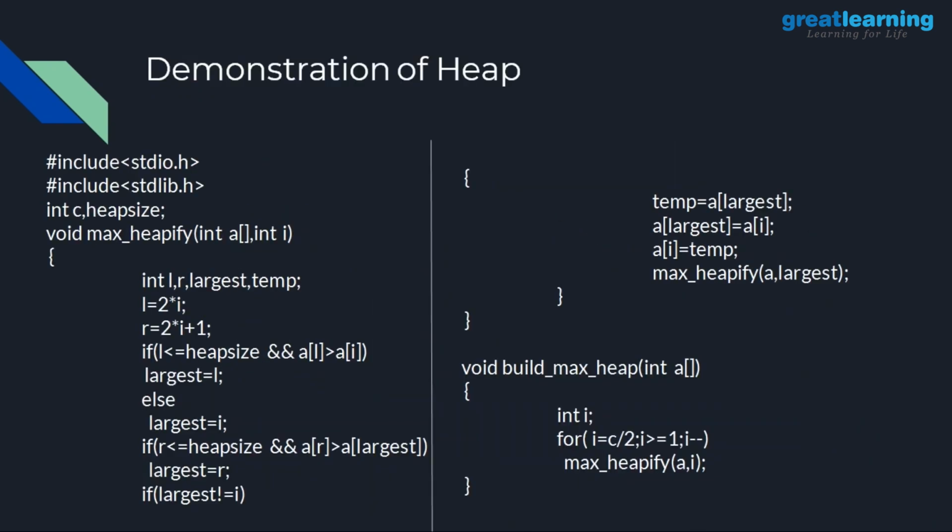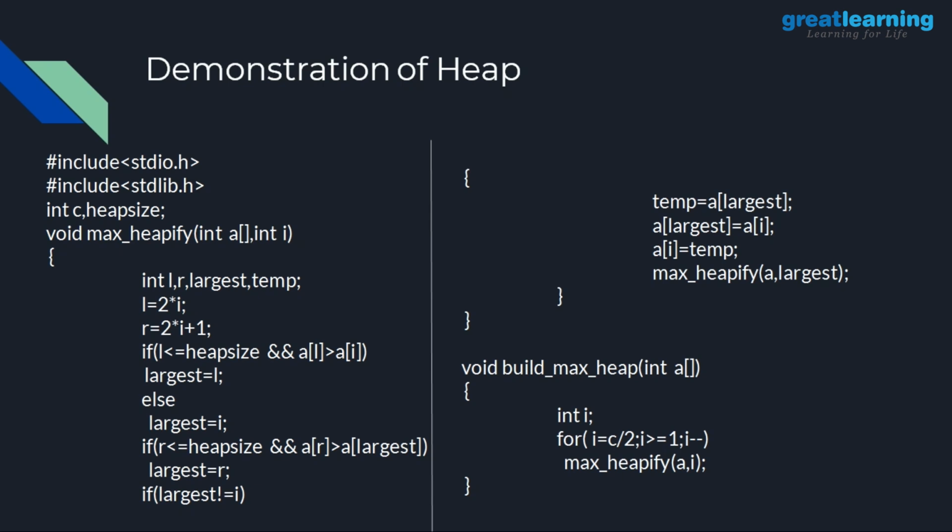But here I am using the first element as my root node. For example, the root node is present at index 1. So which will be its left child? 2 into 1, that is 2. And 2 into 1 plus 1 gives me 3. So the third element will be its right child. So that's why I'm changing the formula.